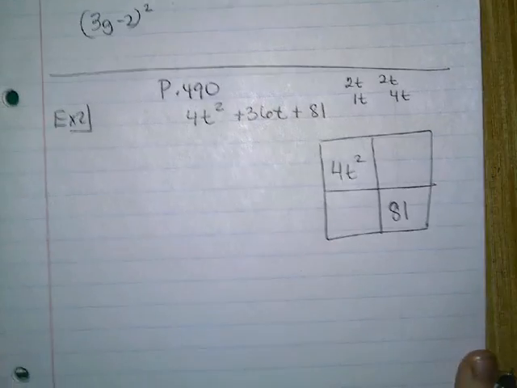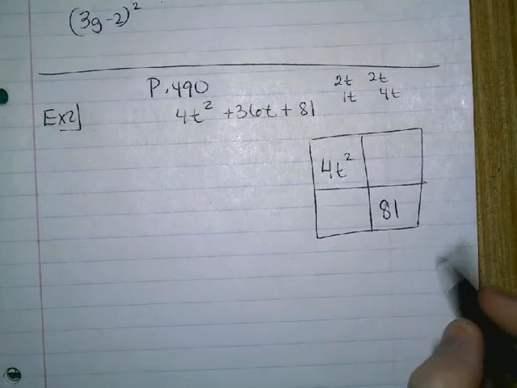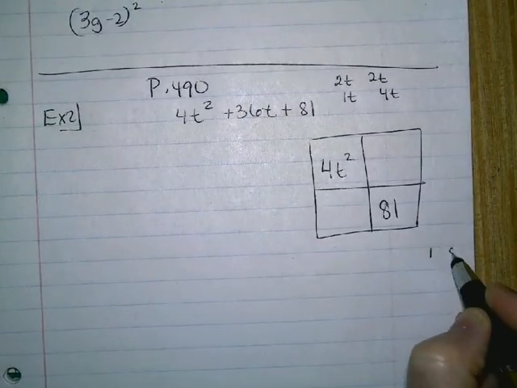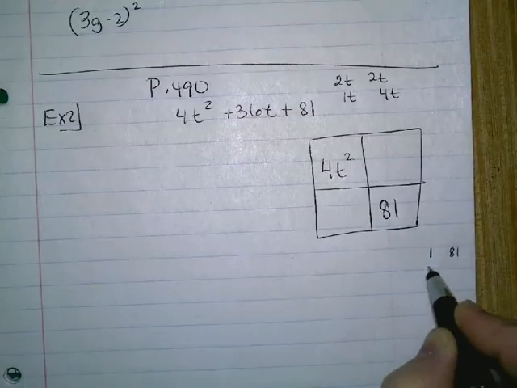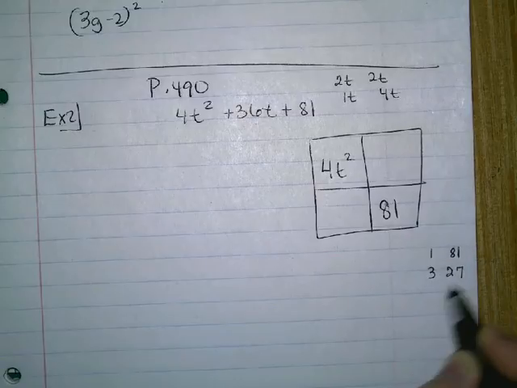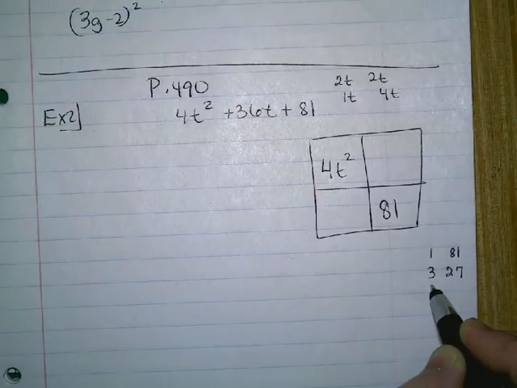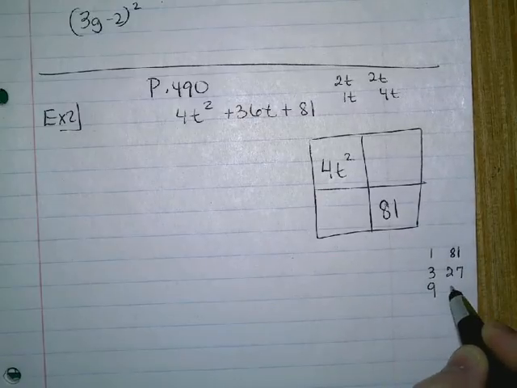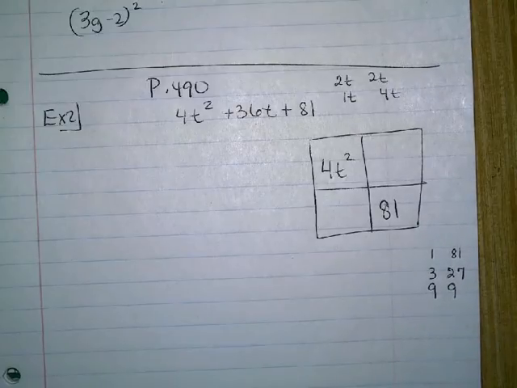What are the factors of 81? 1 and 81, 3 and 27, 9 and 9. Is that it? What about your signs in this problem? They're all positive, so you don't have to worry about that. Okay? So what next?